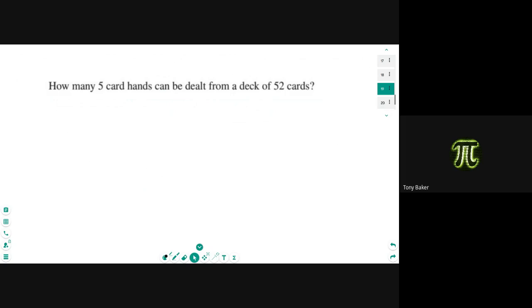Combination or permutation? Is it permutation, because once you take a card out, it's gone? No. Combinations and permutations take that into account. Okay, in that case, this is combinations. It doesn't matter which order the cards are dealt in. It's still a 5-card hand, right? Okay. So we've got 202,598,960, which is 52 cards choosing 5.